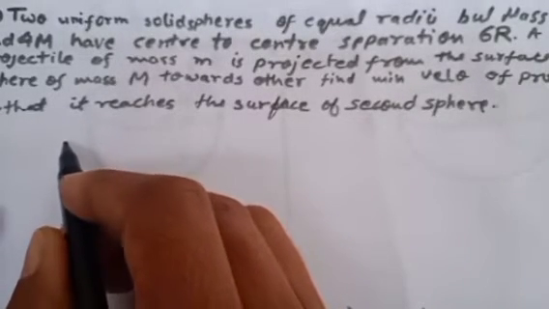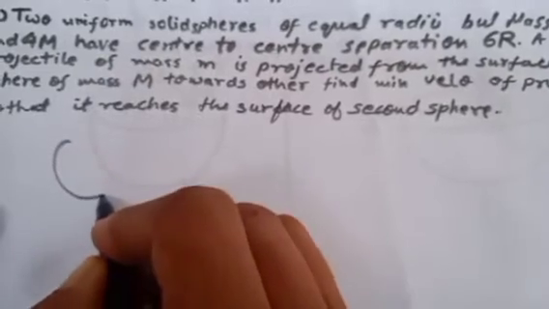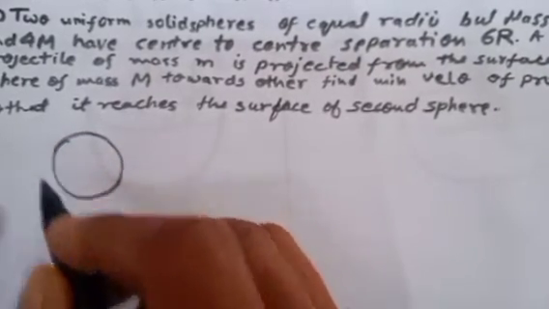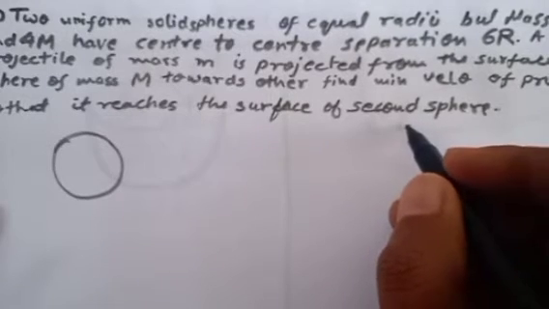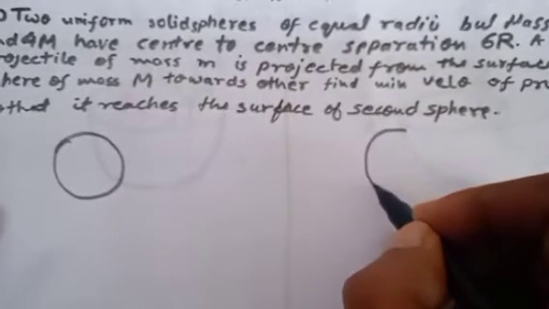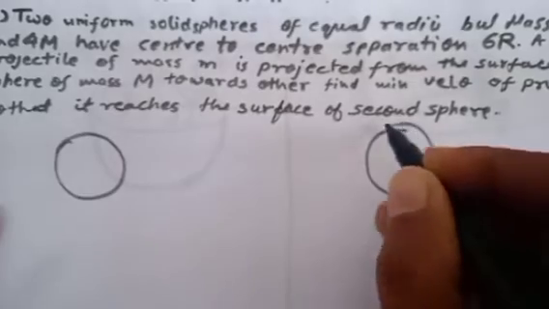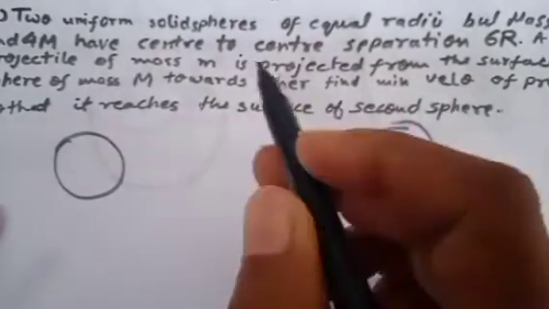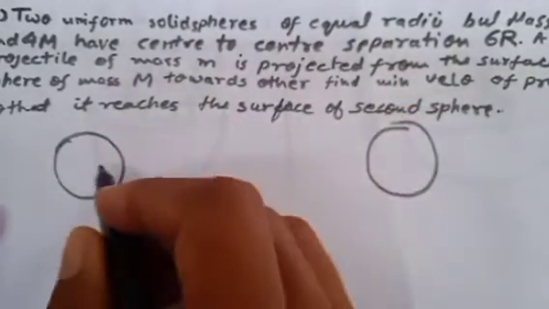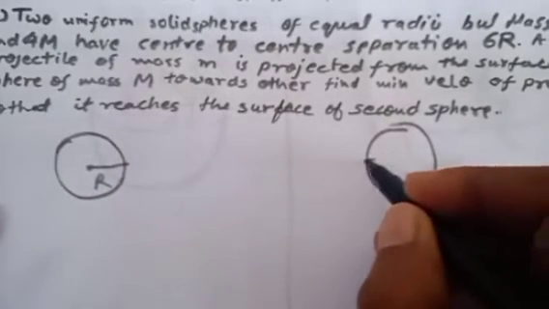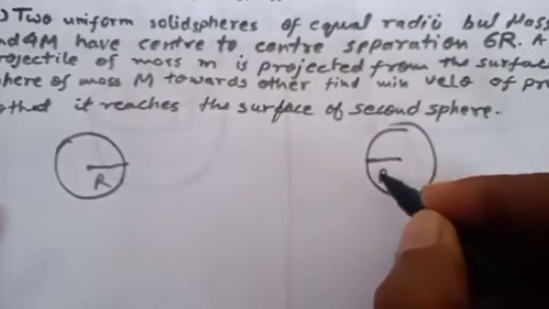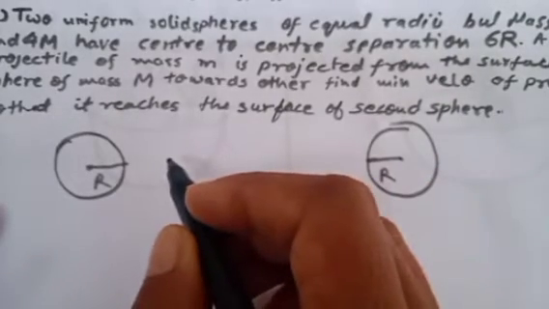So first one is m, from where we have to project that projectile, and other one is 4m, and both are having same radius. Have I written that or I missed it? Equal radii. R, R. Okay.